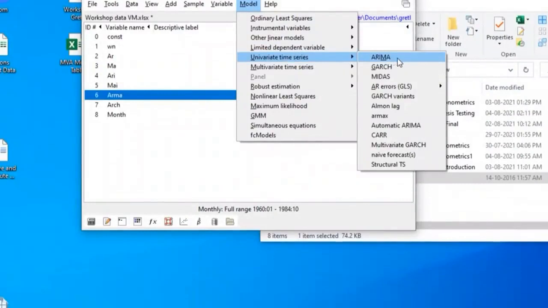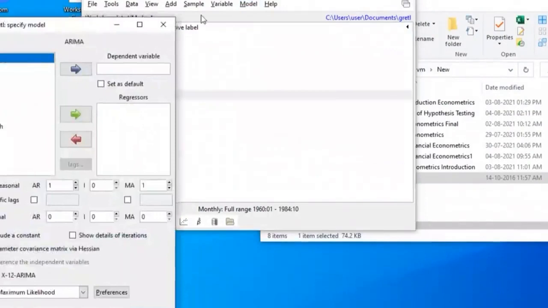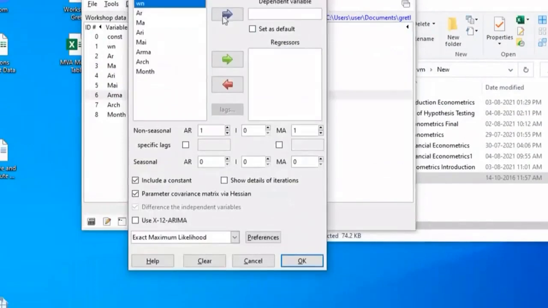Click ARMA, and we have this case. So we have to enter the dependent variable, that is ARMA, this one. So we are including this one. We can set this as default. We are not including any regressors because we have a univariate thing. If we have an independent variable, we can include it here.